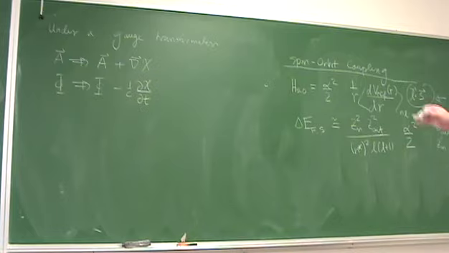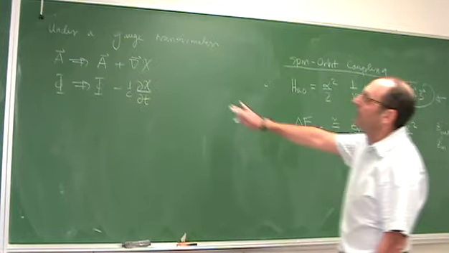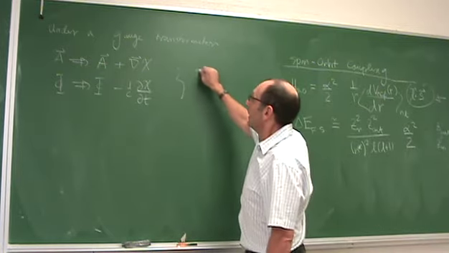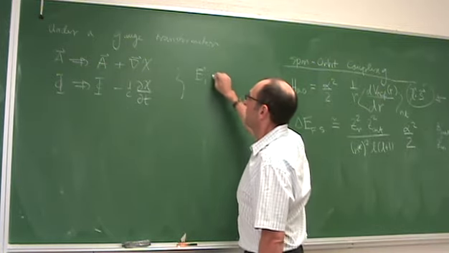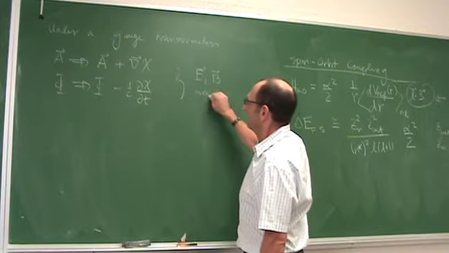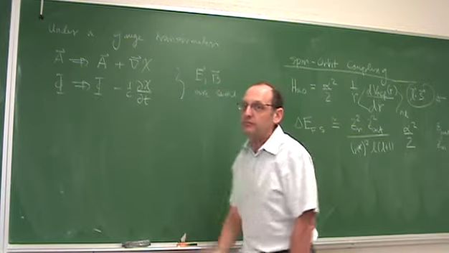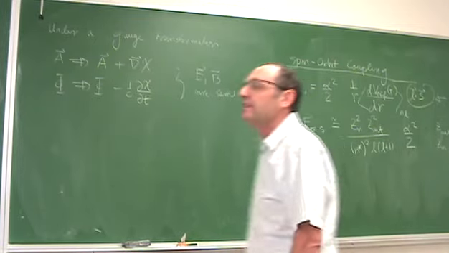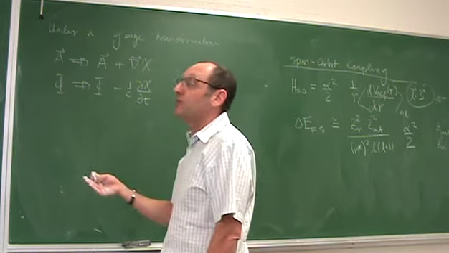If I make such a transformation for an arbitrary gauge function chi, I do not change the physical forces. E and B are the same. So a convenient gauge transformation is the following.